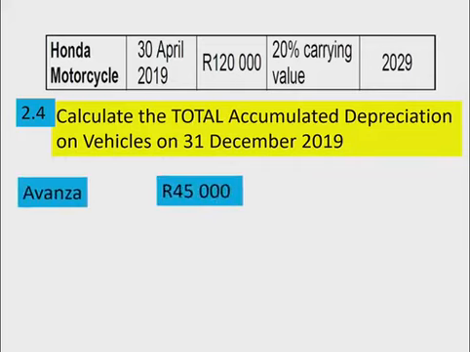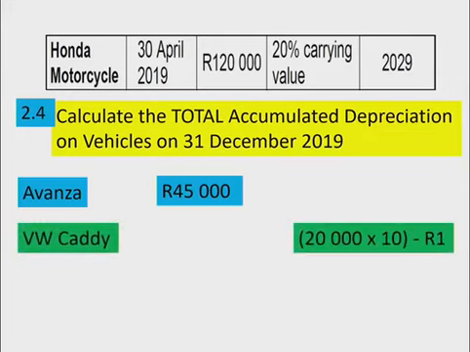So we know that the Avanza is 45,000 because we just did that in the earlier calculation. And also we know that the Caddy, it's past its life expectancy. So we can only have 199,999.